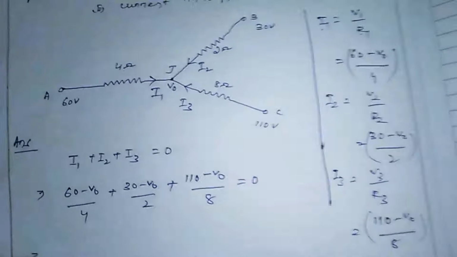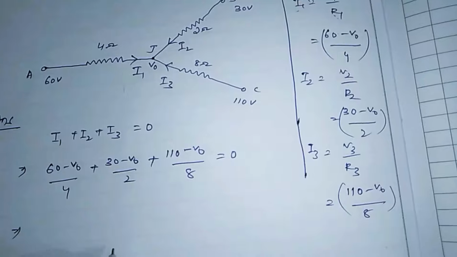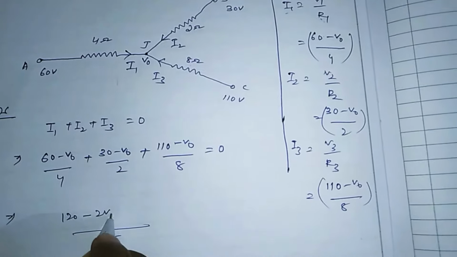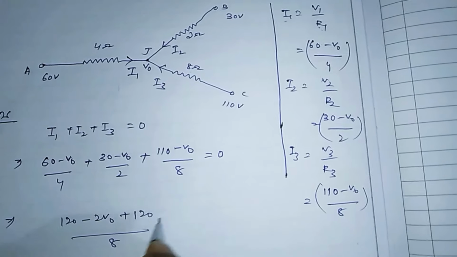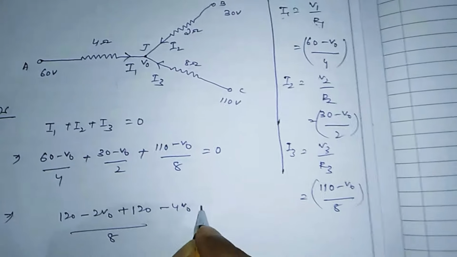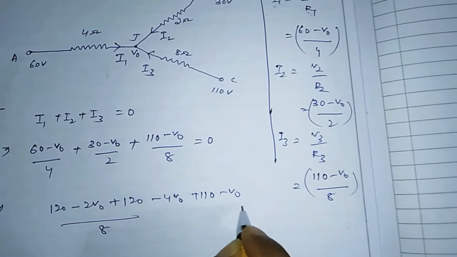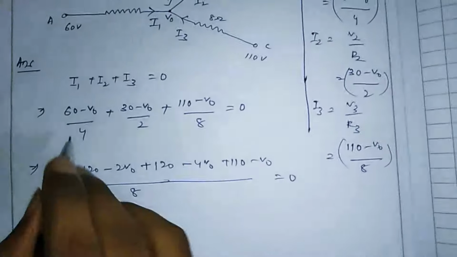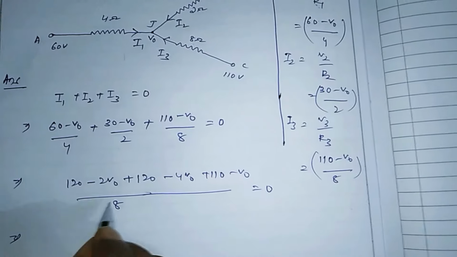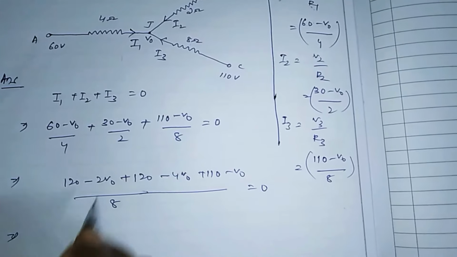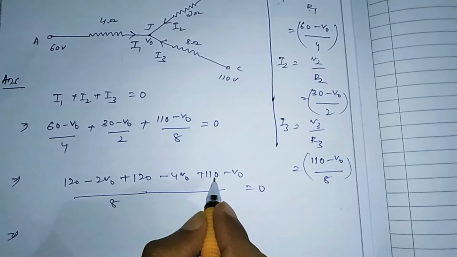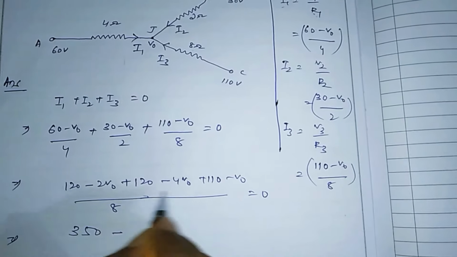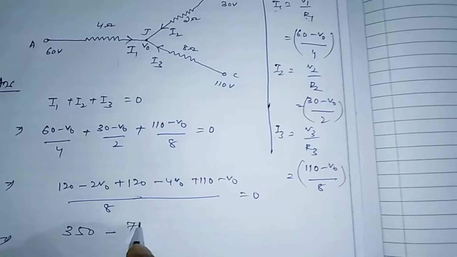Simplifying, we get 120 minus 2 V0 plus 120 minus 4 V0 plus 110 minus V0 is equal to 0, because 8 into 0 is 0. Adding 120 plus 120 plus 110, that is 350, minus 2 V0 minus 4 V0 minus V0 is equal to 0.